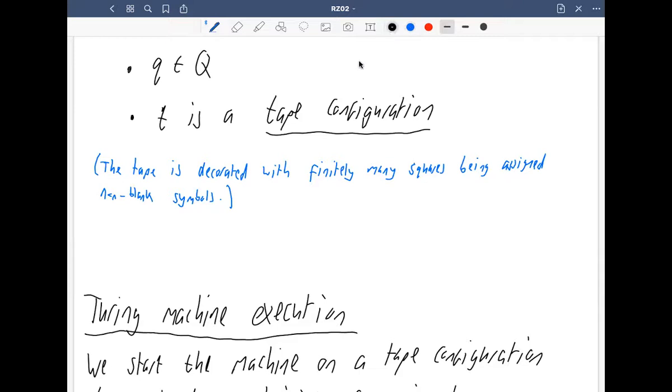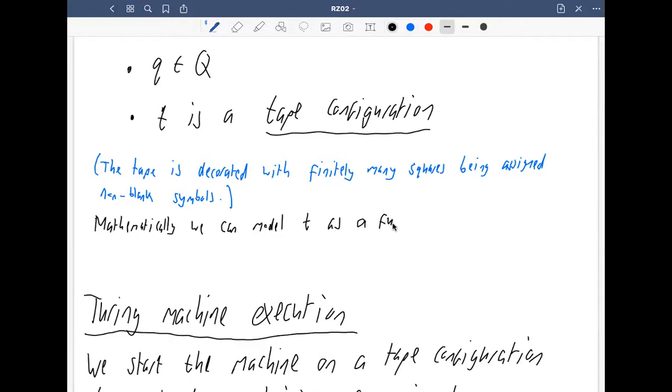So mathematically, we can model T. Because it's an infinite tape in both directions, we can simply use the integers to index the squares of the tape.